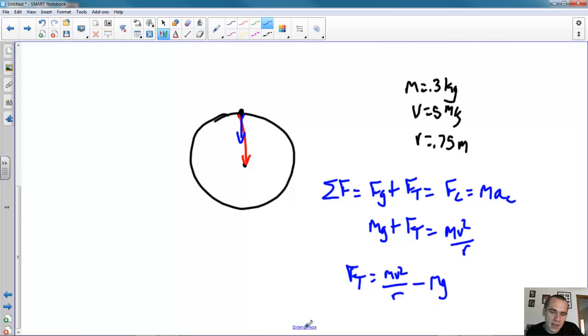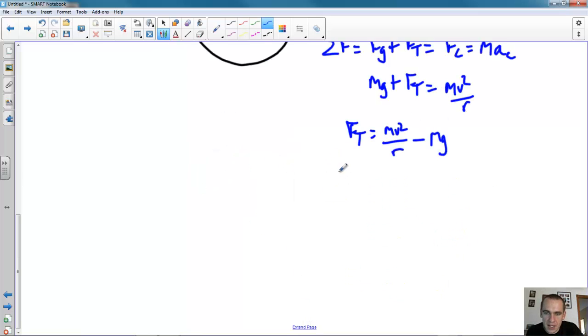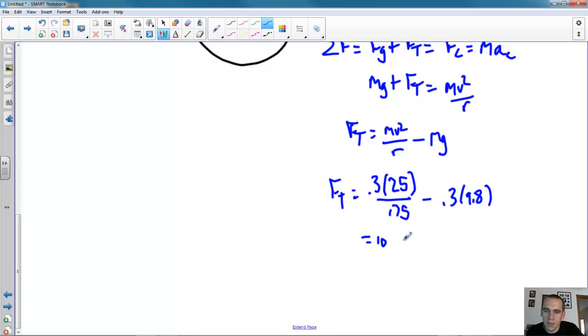Now, if I find this, we're going to see that Ft equals 0.3 times 25 divided by 0.75 minus 0.3 times 9.8. So this time I have 10 minus 2.94, which is 7.06 newtons.